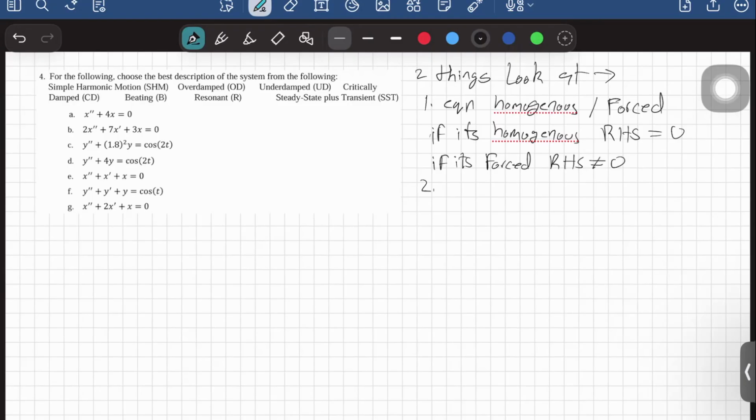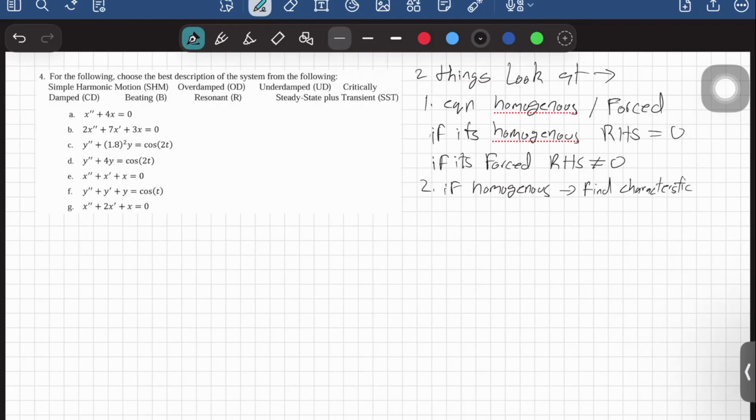And the second thing we look at: if homogeneous, we have to find the characteristic equation.